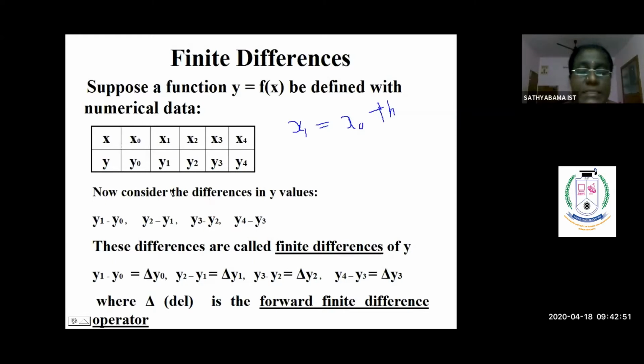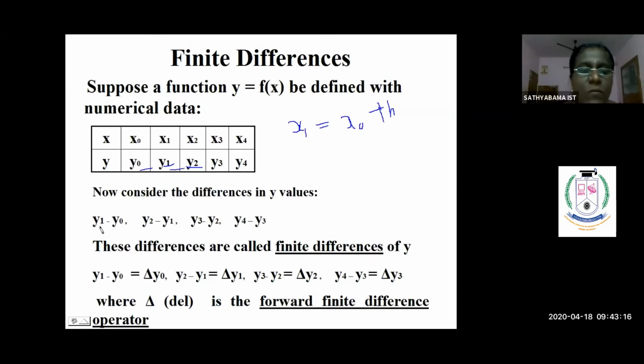Now I'm going to consider the differences of y values. For y values, there is no restriction. You can have any difference. It's not like equally spaced x values. When I go for differences of y values, we always consider successive minus previous.